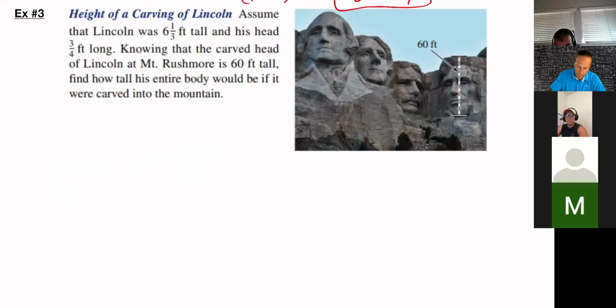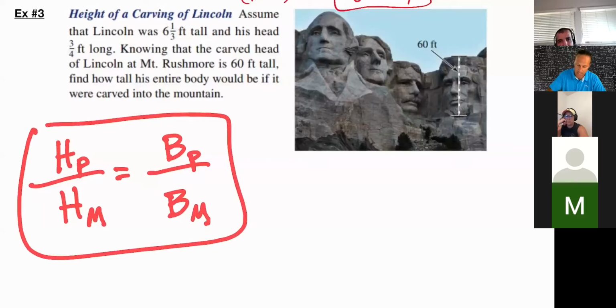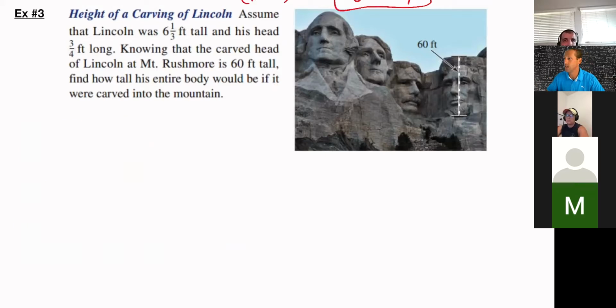You could actually do his head length over the head length of the actual person versus the mountainside. And if you do that, then obviously we're going to do body to body, but we just got to make sure that we're consistent. The body of the person was on top over the mountain on bottom. So the cool thing is you have tons of options as long as you are consistent from one side to the other. It's all good. It will still give you the same result.